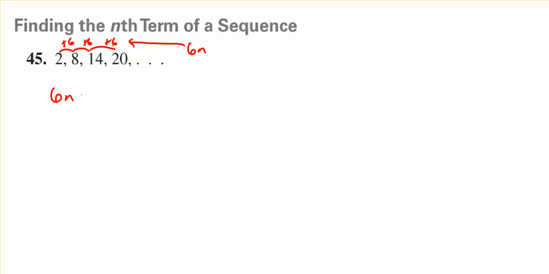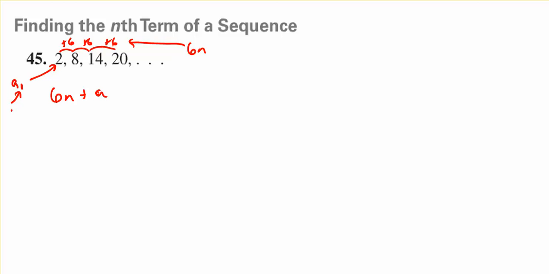So we know we have 6n plus or minus some constant for this expression. Let's see if we can figure out what that constant is and see if it fits our sequence. We know that this is the first term.